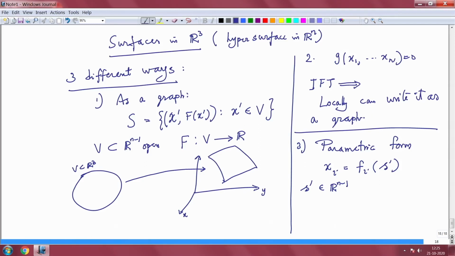Here s prime is in Rn minus 1, varies, and you get points.